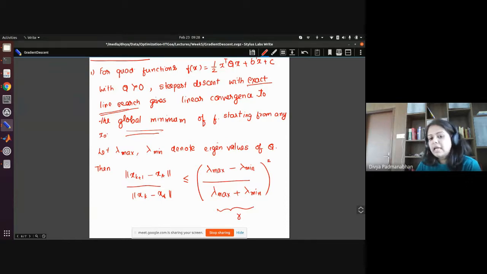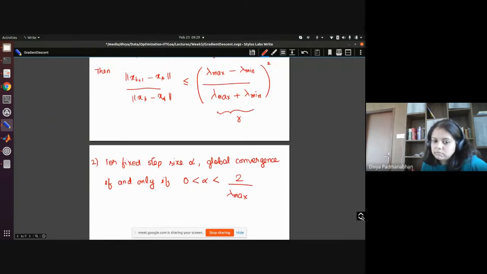But now if this lambda max minus lambda min is very large, something like, say, 100 or something of that form, then with the square term, that's also going to be huge. So then the algorithm can get very slow. So this is just some more insight about the speed of steepest descent, particularly for quadratic functions.